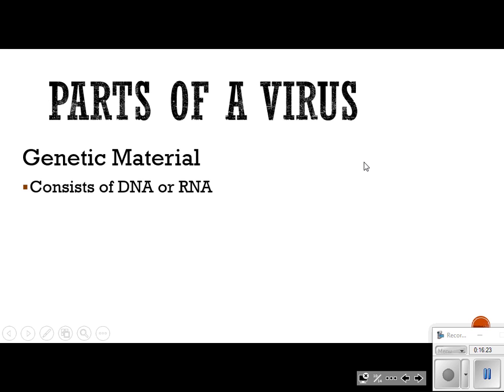It could be single-stranded DNA, or double-stranded DNA, single-stranded RNA. It cannot reproduce without a host cell. So viruses do not have the ability to reproduce their DNA and their RNA. They need another cell to do that.